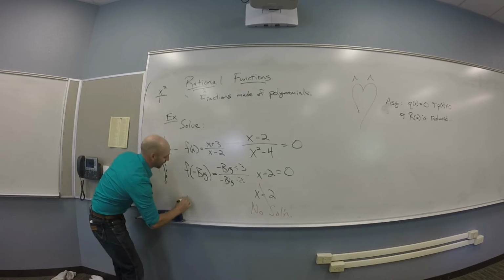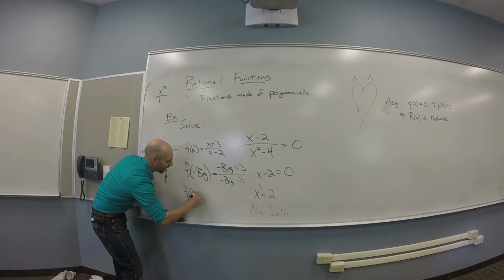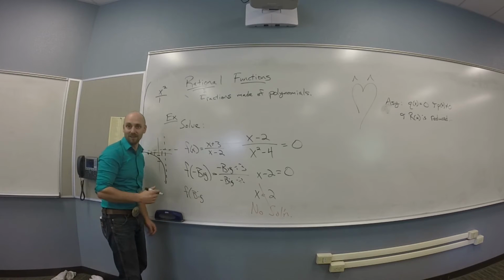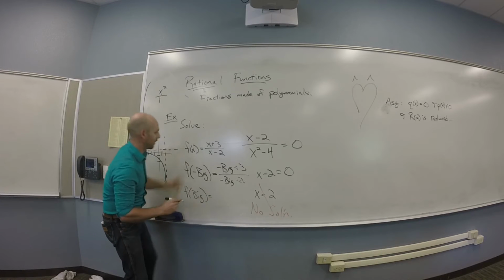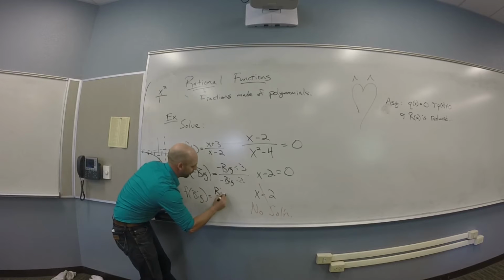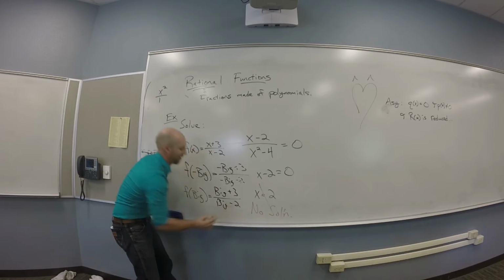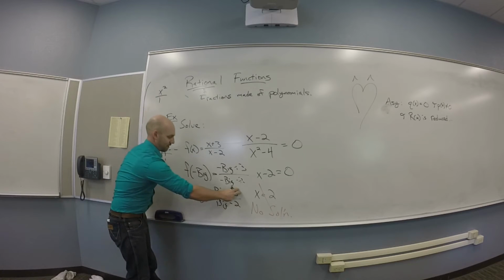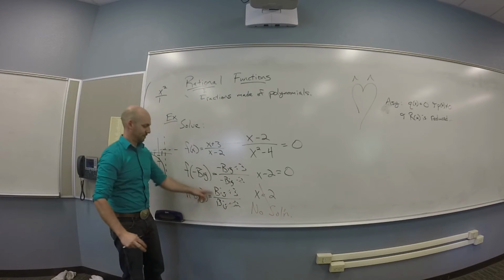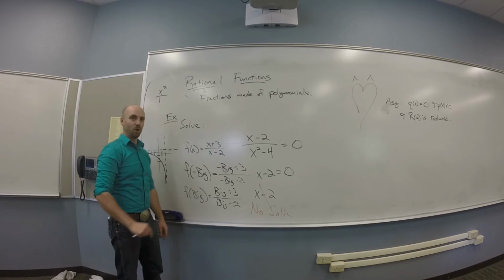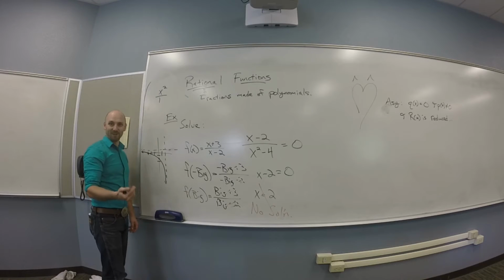So with this guy, for the other side, I do f of big, right? And so I get big plus 3 over big minus 2. Those don't matter. Big over big is a positive 1 again, right? Cool.